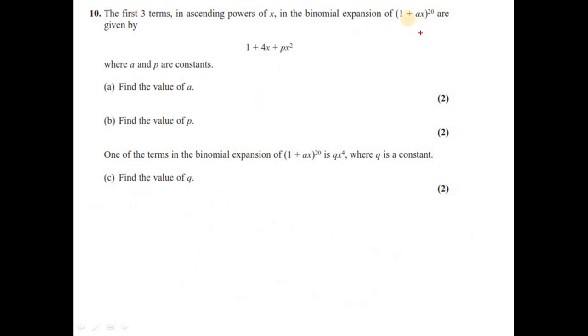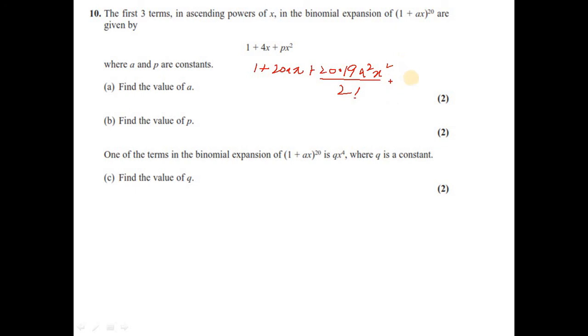So let's apply this on 1 + ax. Starting with 1, plus 20 times ax, because this is the second term, plus 20 times 19 and then x², so a²x² upon 2 factorial.